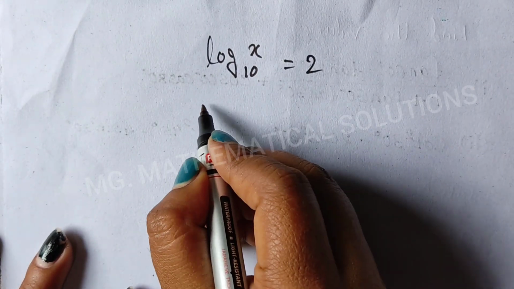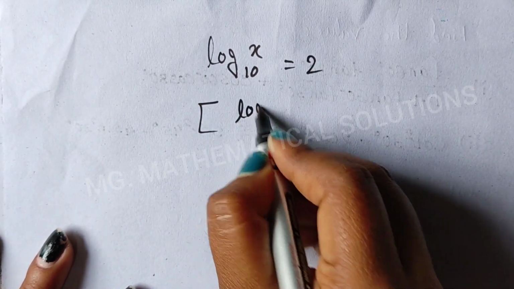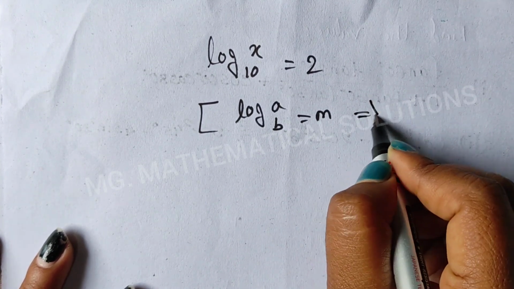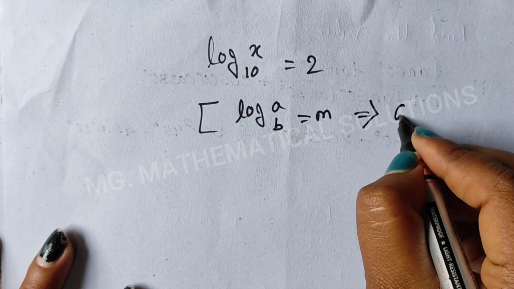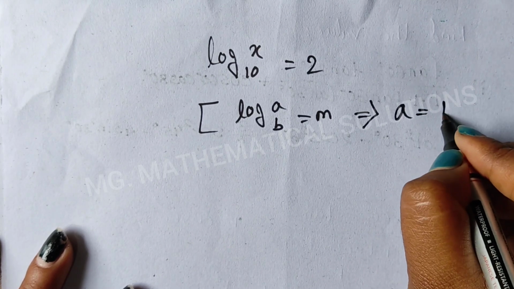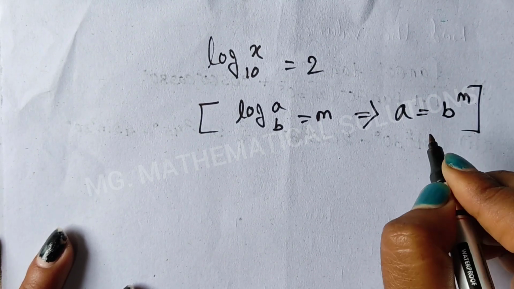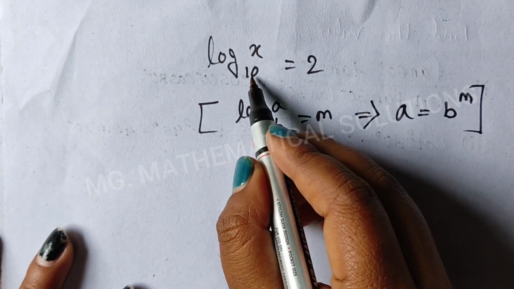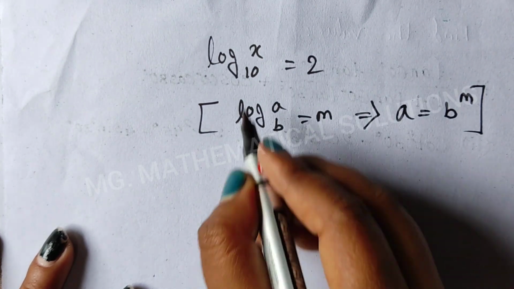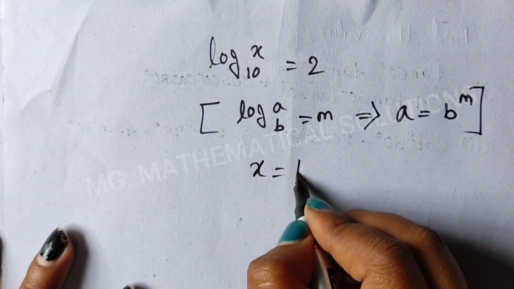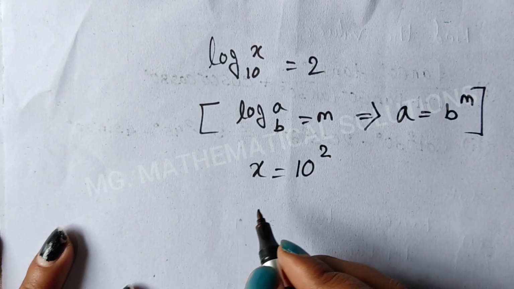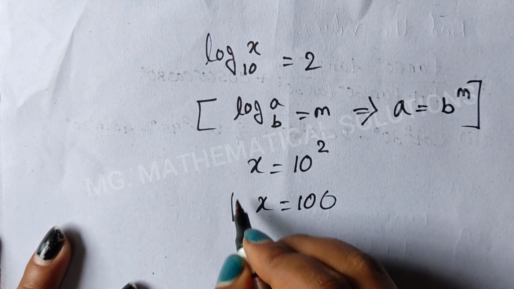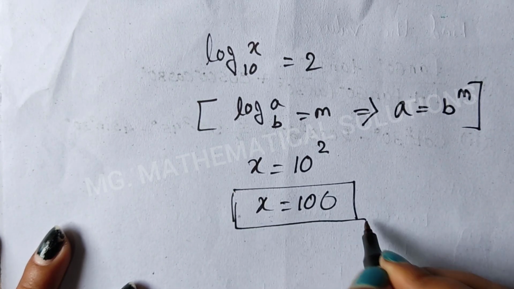Now we use the formula: log a base b equals m implies a equals b to the power m. So here a means x, b means 10 and m means 2. So x equals 10 to the power 2. So x equals 100. So this is the final answer.